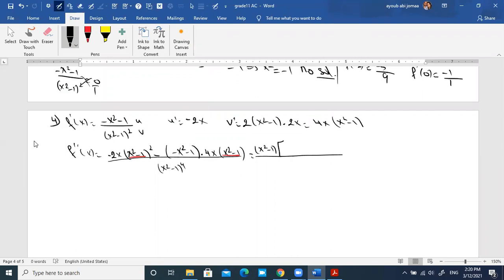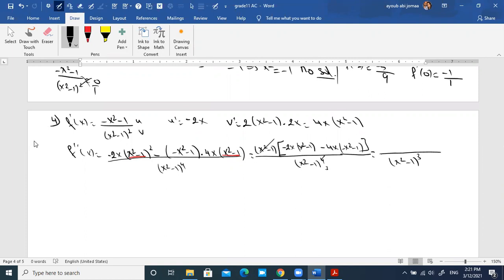Negative 2x into x squared minus 1 minus 4x into negative x squared minus 1, over x squared minus 1 power 4. I simplify this. Let's see, power 3. X squared minus 1 power 3.